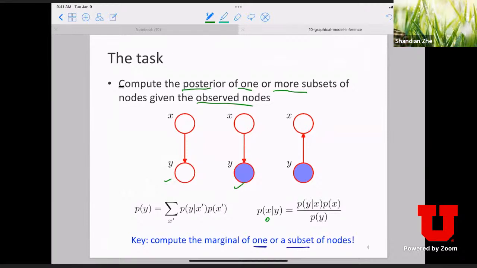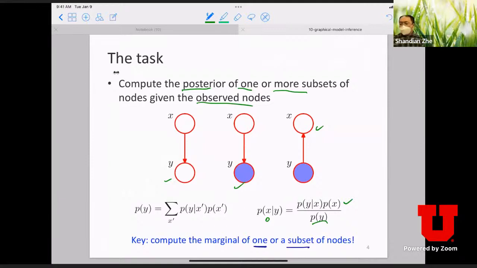We know that according to the Bayes rule, the posterior distribution is the joint distribution divided by the marginal distribution of the observed nodes. The joint distribution, according to the decomposition structure specified by the graphical model, is fairly easy to calculate.